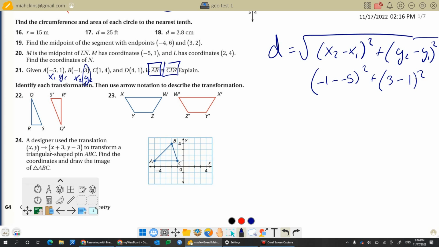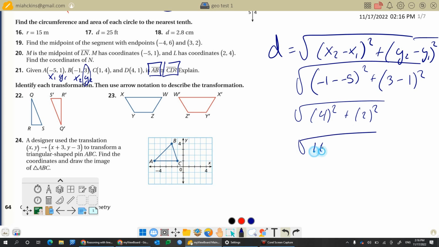So we run that through on our calculator. So we're going to say negative 1 minus negative 5 gives us the square root of 4 squared plus 3 minus 1 is 2 squared. So then this is going to be the square root of 16 plus 4, which is equal to the square root of 20.